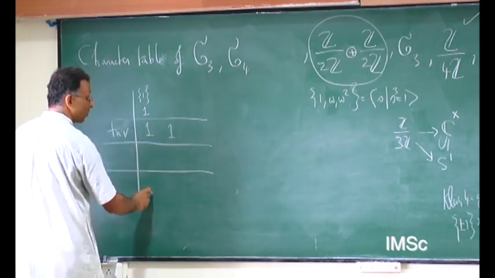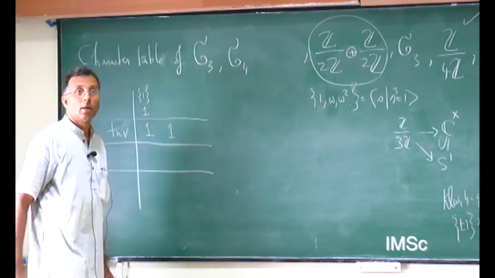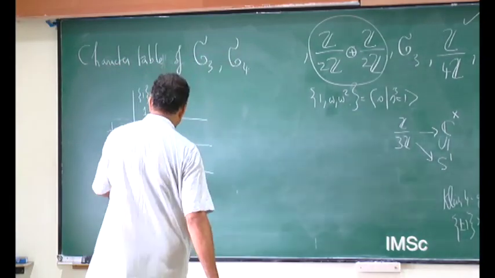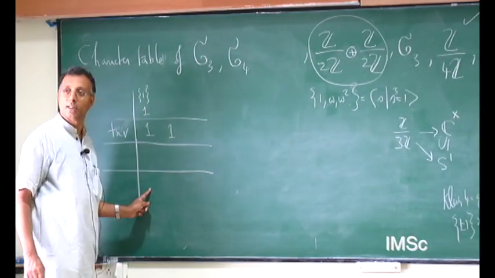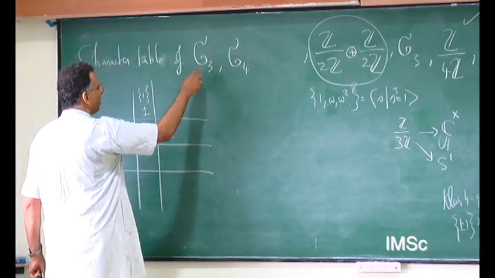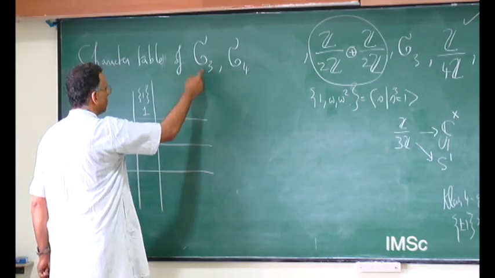Here, of course, it cannot be 1, 1, 1 because the group is not abelian, so there is going to be at least some number which is bigger than 1. So this is for S3.